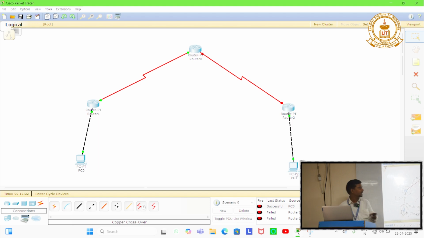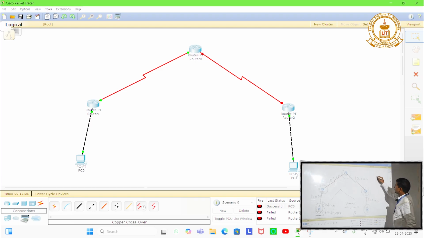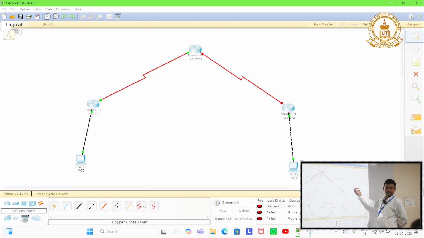In twisted pair cable there are two types: UTP, unshielded twisted pair, and STP, shielded twisted pair. In unshielded twisted pair cable, there are straight cable and cross cable.